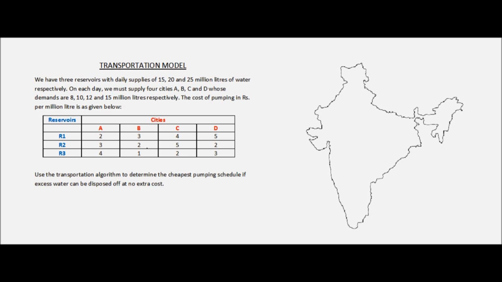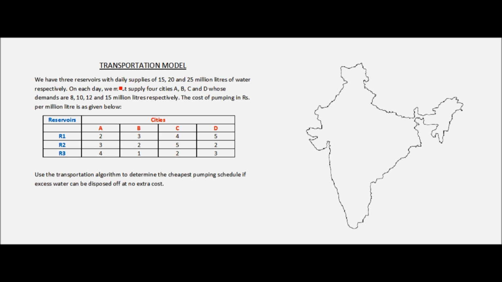We have been given the cost from each of the reservoirs to each of the cities. Now we are being asked to use the transportation algorithm to determine the cheapest pumping schedule if excess water can be disposed of at no extra cost. So let us understand this example in more detail.